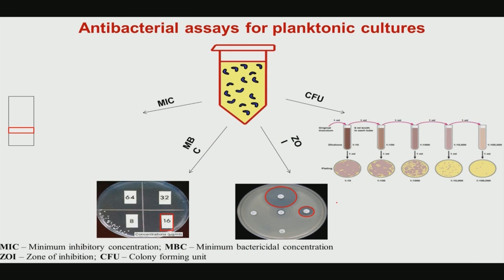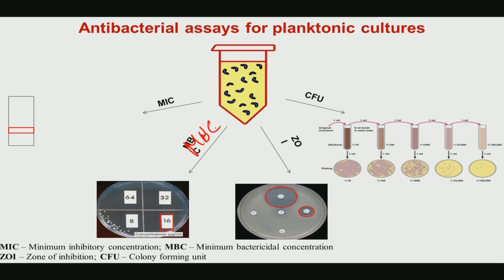Now, these are different assays that are important: MIC and MBC. MIC stands for minimum inhibitory concentration, in a planktonic culture, where the bacteria are suspended in an Eppendorf tube, not actually growing on the substrate.